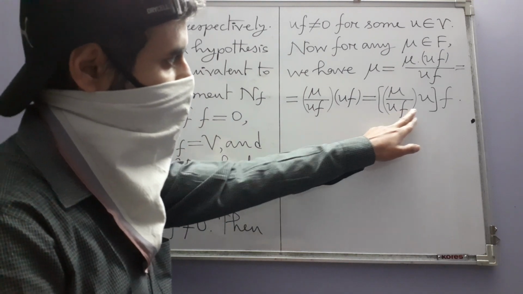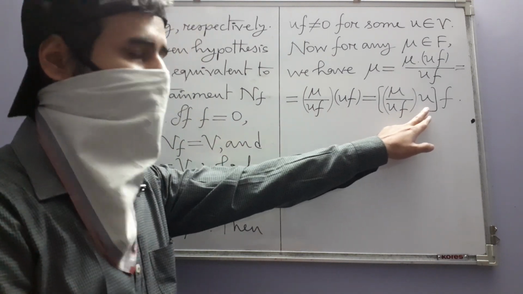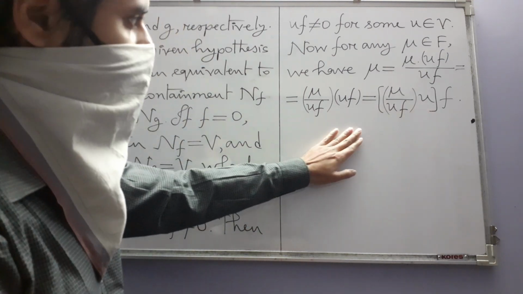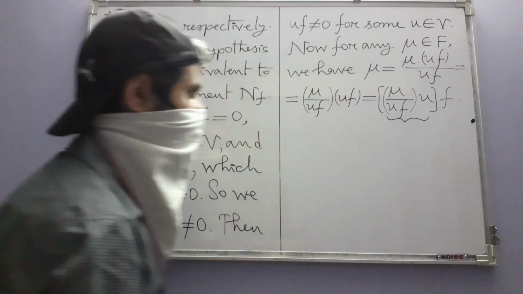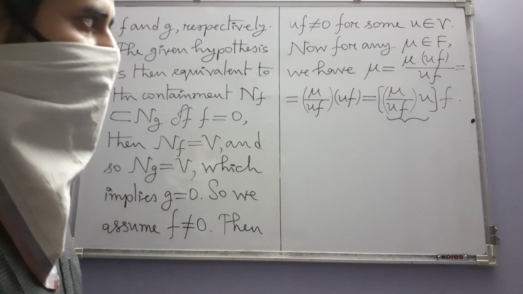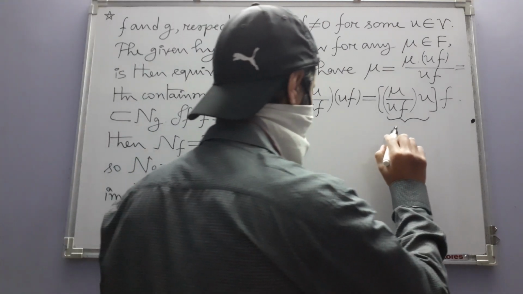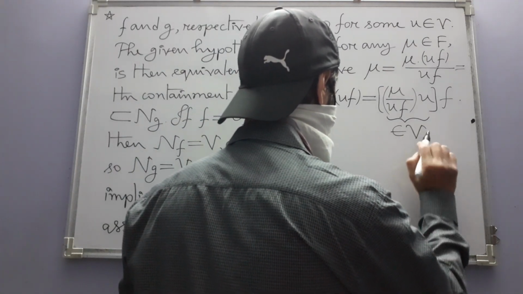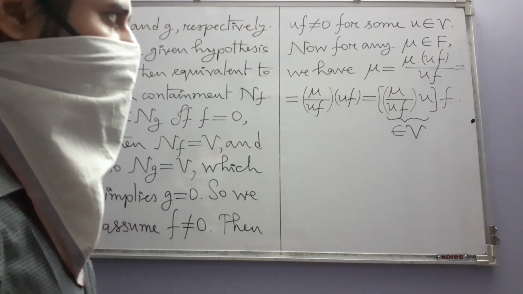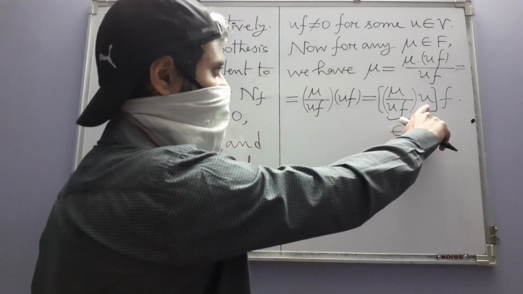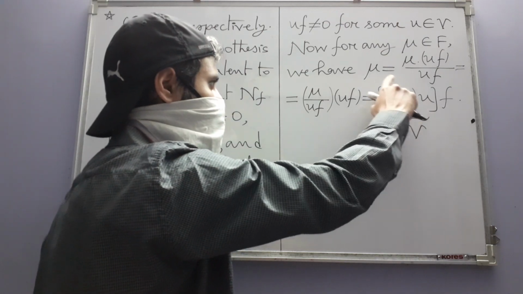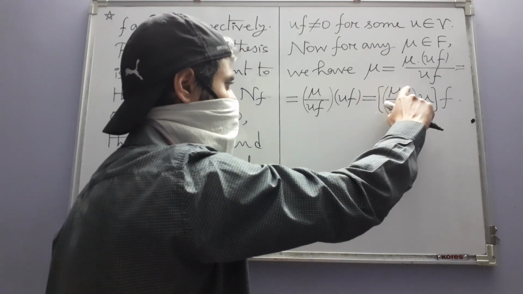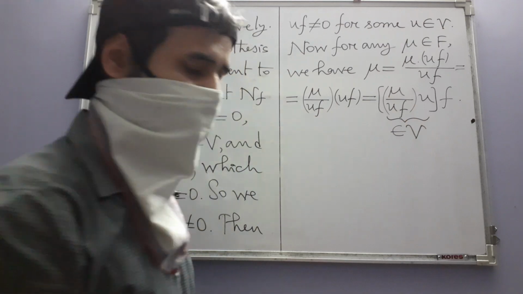What do we see here inside the square brackets? Whatever is written here, this part is actually a vector in V. Why? Because we already have a vector u in V and we are multiplying that vector by the scalar mu divided by uF.